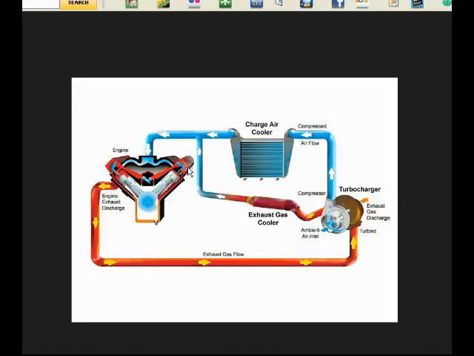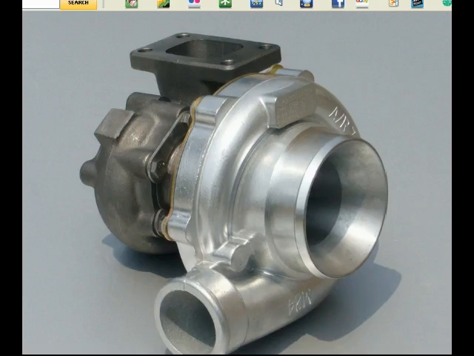So that's the turbocharger, and here's a picture of one. There is your hot section connected to the exhaust. This exhaust gas drives the turbine right here, which drives the centrifugal flow air compressor. Air draws in, and then it's compressed and pushed out into the engine's intake.